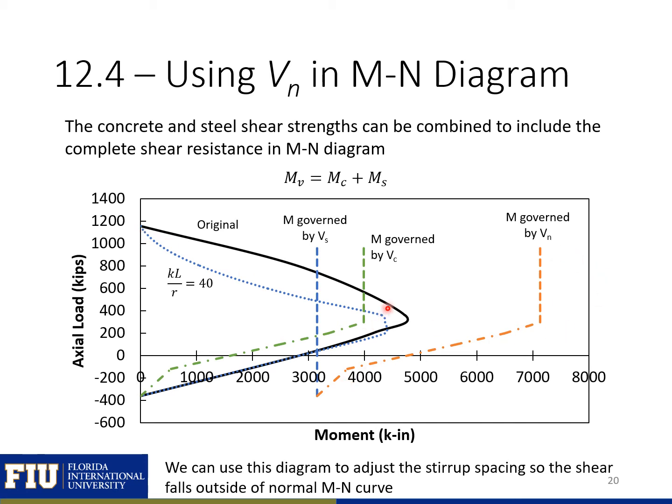So we can also have our V sub C, where if we keep all of our points inside this green dotted line, then we know V sub C will not control failure. Or V sub S, if we keep all of our points inside this blue dotted line, then V sub S won't control failure. So we can use this diagram to help design our column and prevent a shear failure under static or cyclic loading.